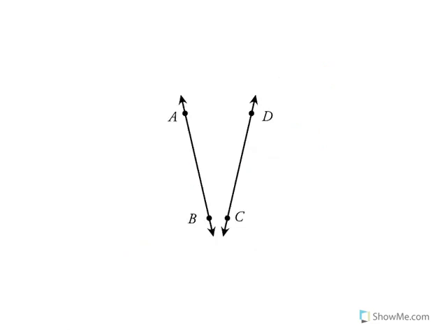Alright, let's look at this one. So we have line AB and we have line DC. Now, these two lines are not touching each other, but will they ever touch each other if they kept going on and on?